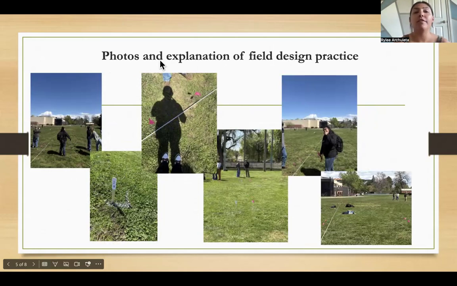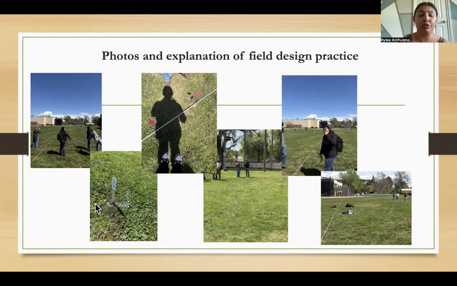Here are the photos, and then I'm gonna do a vocal explanation. So here we did a field design practice in class, and you could see in this photo right here, this was the 2.5-foot gap in between each treatment.